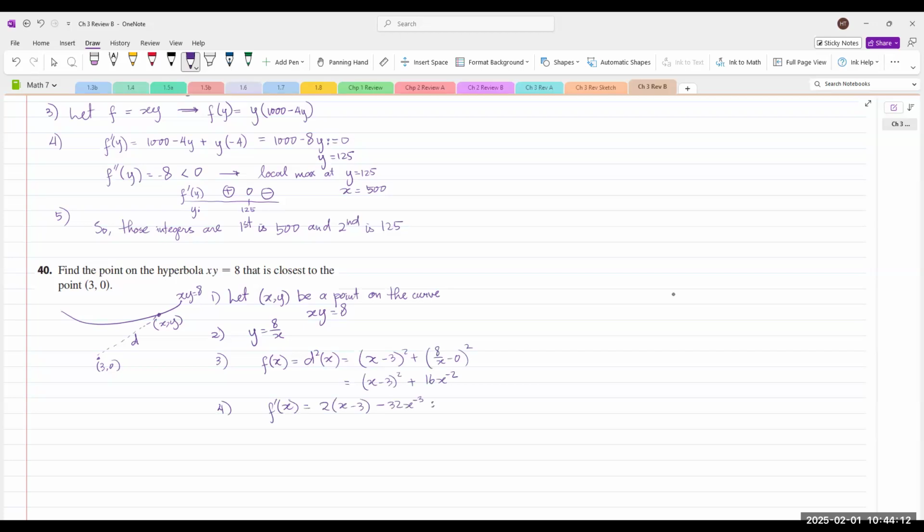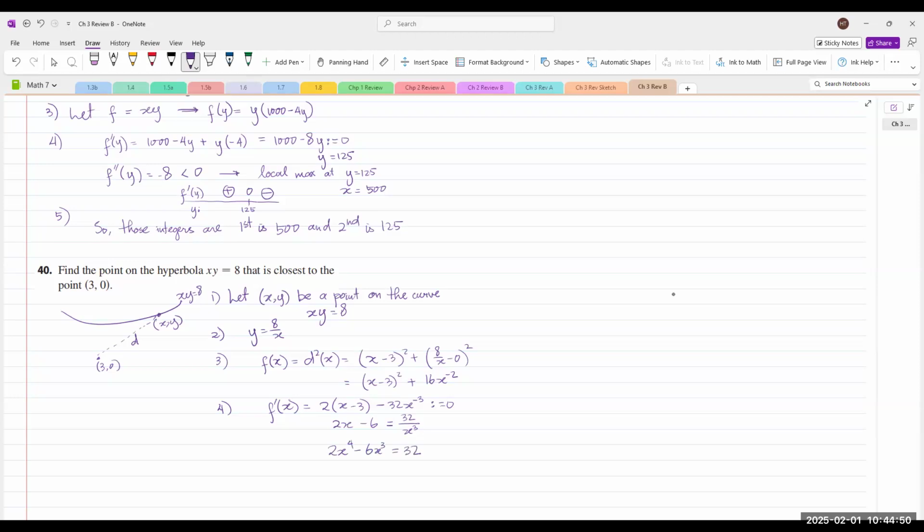If I set this equal to 0, then I get 2x minus 6 minus 32 over x cubed equals 0. Or maybe I make it equal here. How to do this one? I wonder if I do this right. If I multiply by x cubed, I get 2x to the 4th minus 6x cubed equals 32.